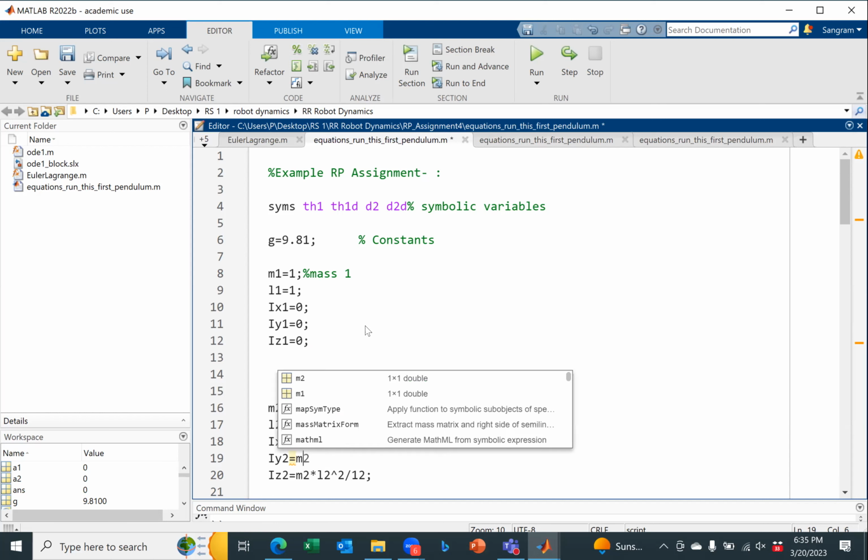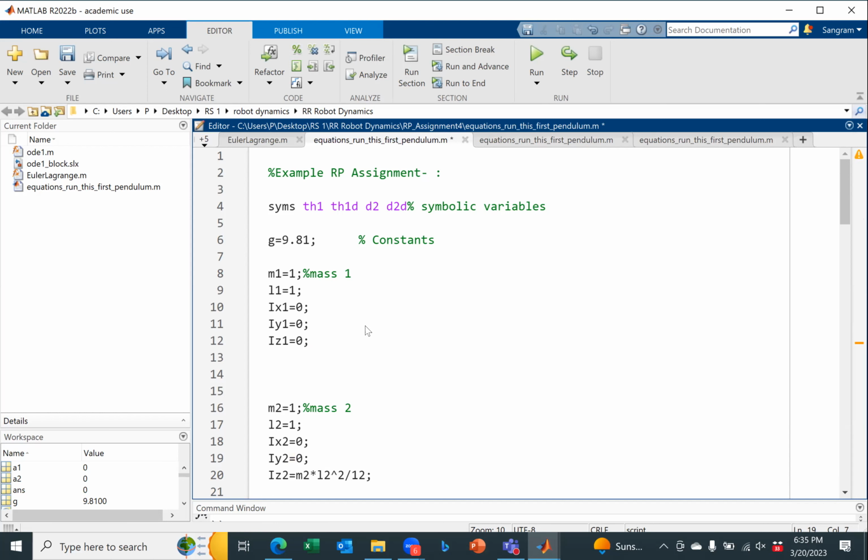So I want you to make this change real quick. What it means is the first link is massless, and the entire mass of the robot is concentrated at the end effector.